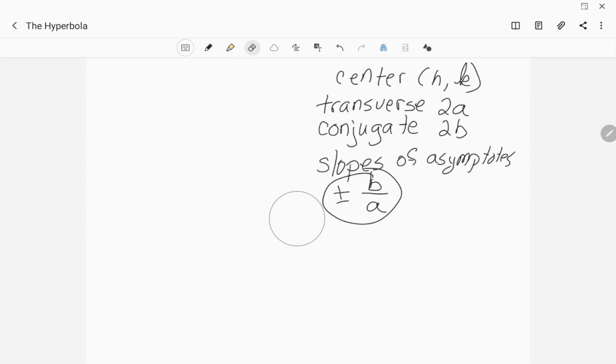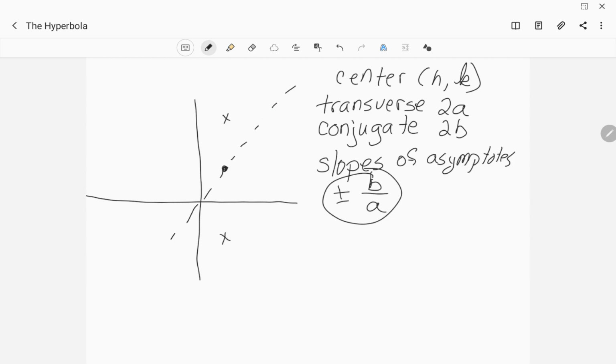Now, instead of opening that way, let's say the center is here, that would be my h and my k, and let's say one vertex is here and one vertex is here, and my asymptotes are doing this, and so my hyperbola this time is opening up or down.